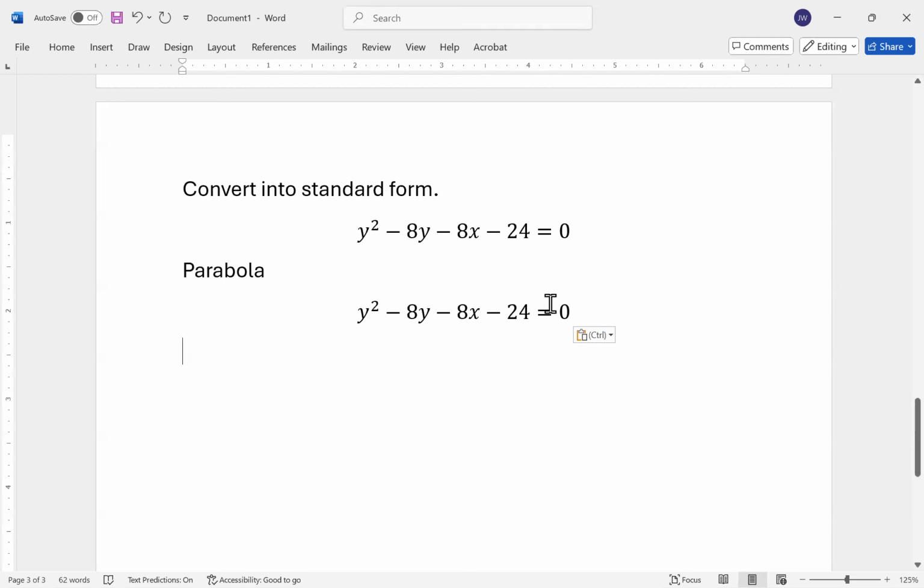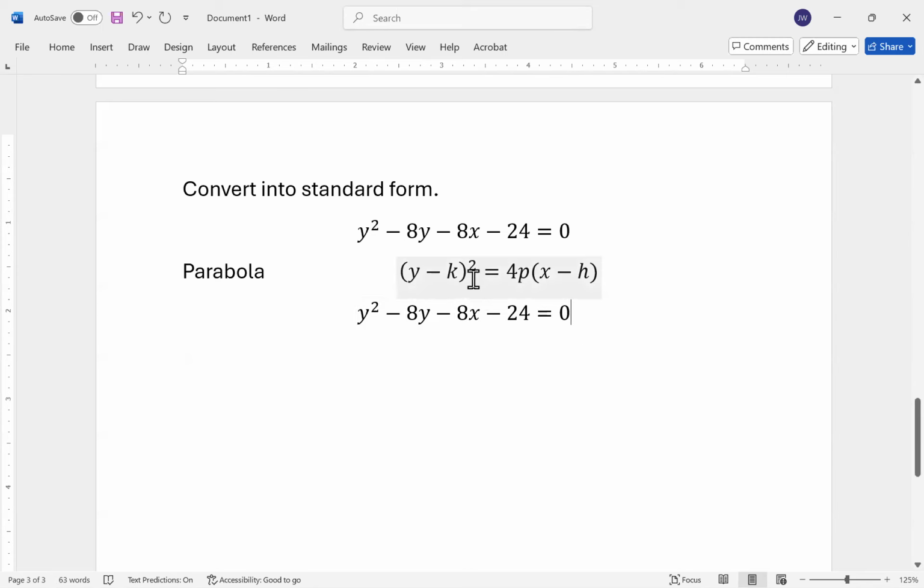All right, in this case, by the way, the standard form of the parabola we're going to get is going to be y minus k quantity squared is equal to 4 times p times x minus h, because I see the squared portion on the y value.